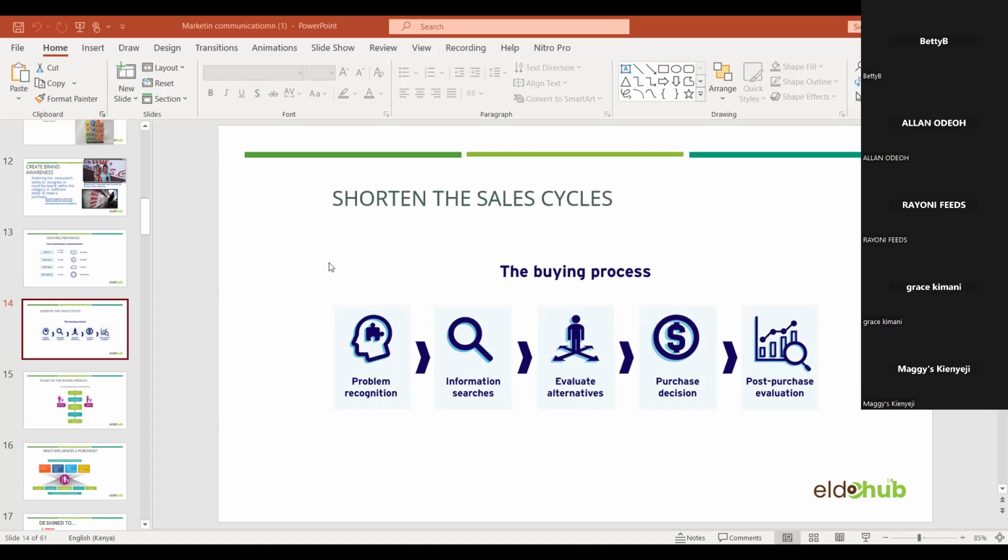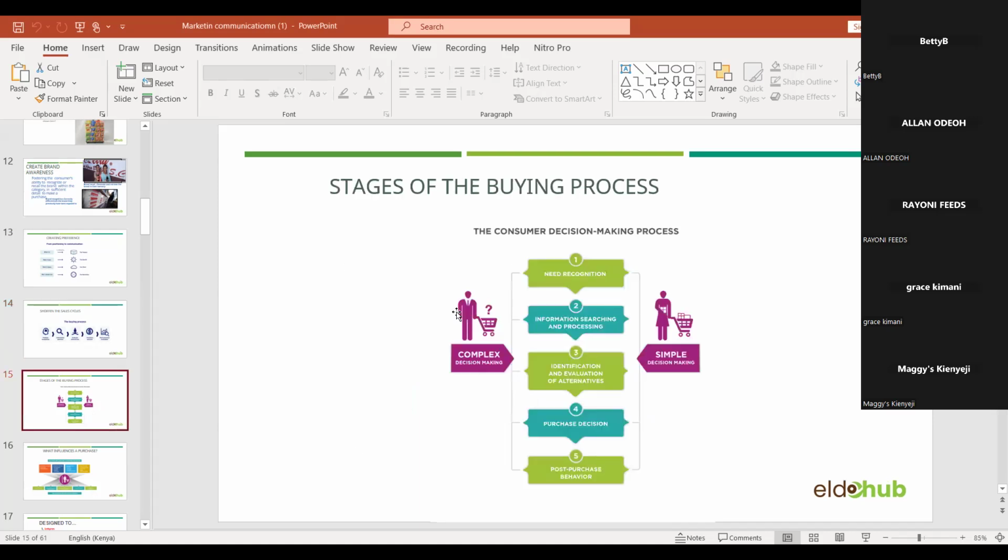Okay, so when you talk about the stages of the buying process, the process actually starts with awareness. This is, of course, through the marketing communications that we've been discussing all through since the session started. Now moving into consideration, when you hear about someone's product, the customer has that period or moment of consideration.